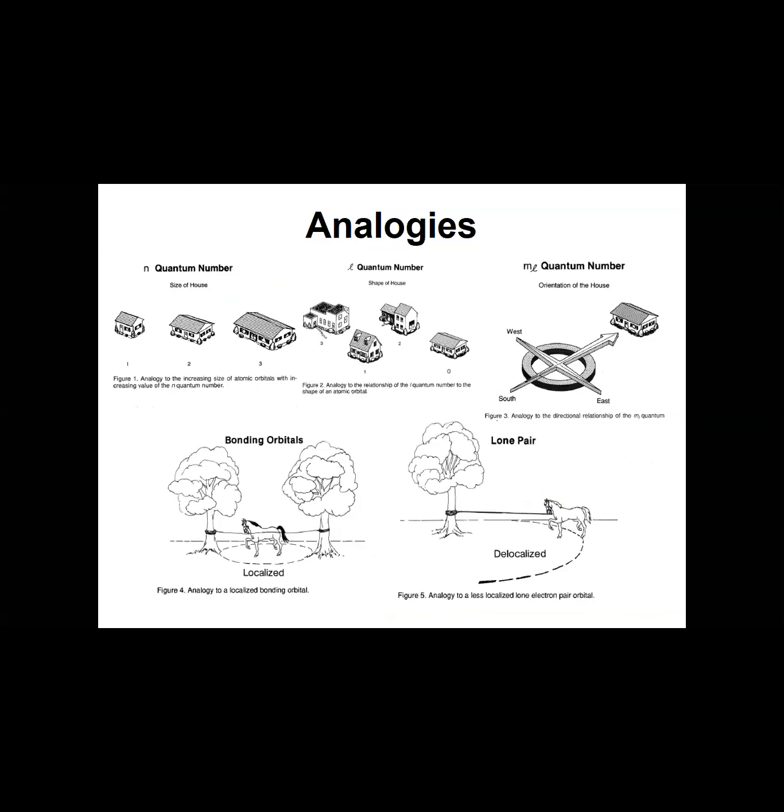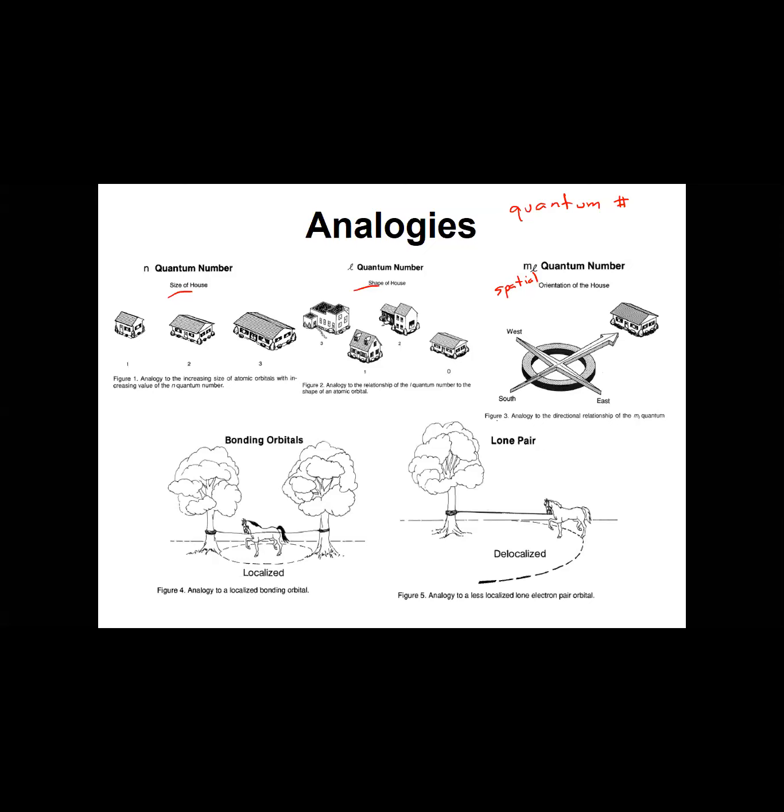Now, the next one that I have here has something to do with the quantum numbers. Quantum numbers are used in the quantum mechanical model to describe the orbitals of a given electron. I told you they're all S: the size, the shape, and the spatial orientation.